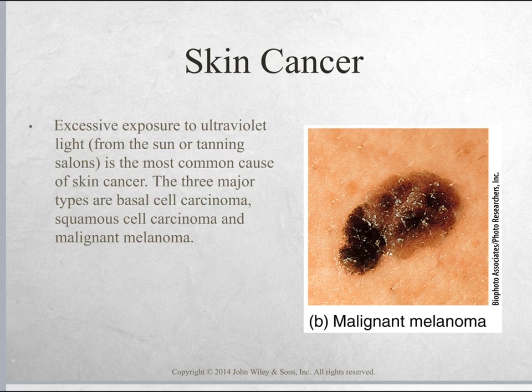Now, squamous cell carcinomas are the second most common form of skin cancer. These are typically characterized by abnormal, uncontrolled, or accelerated growth of squamous cells. And again, the key to cancer is catching this stuff early, which means that most of these squamous cell carcinomas are curable. The last is a malignant melanoma. Now, melanomas typically occur when something goes wrong in the melanin producing cells that we talked about, those melanocytes.